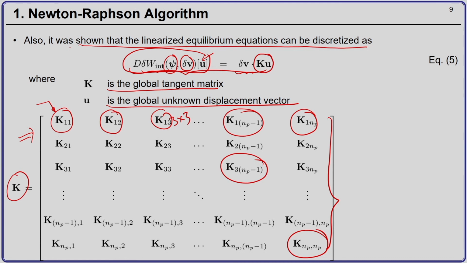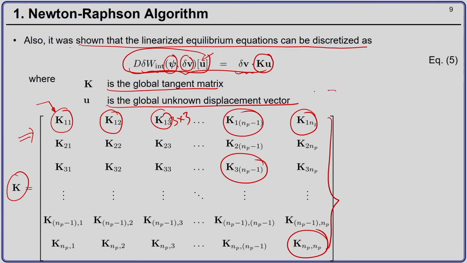Therefore, for all other nodes, if there is some change, they will not affect that particular node. So, there are a lot of zeros in this tangent matrix, and this is a sparse matrix. Sparse matrix means close to 95 to 99% of the entries will be 0.